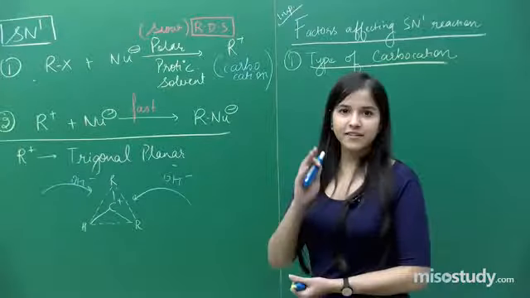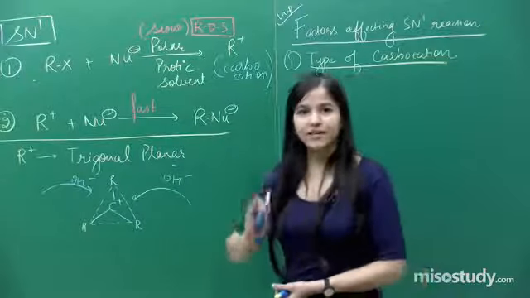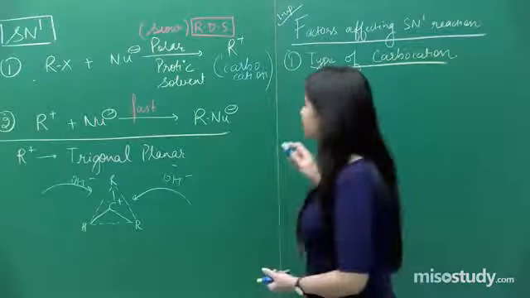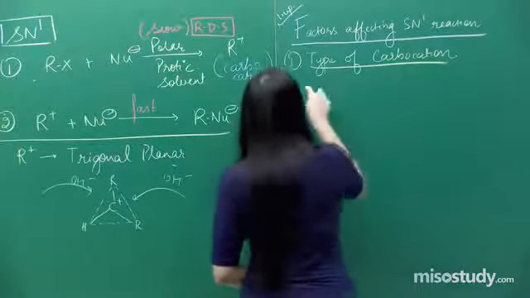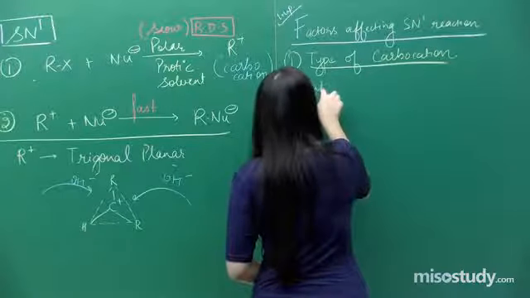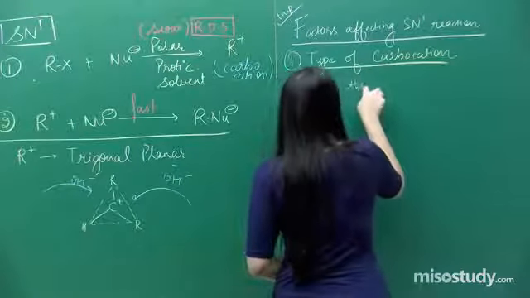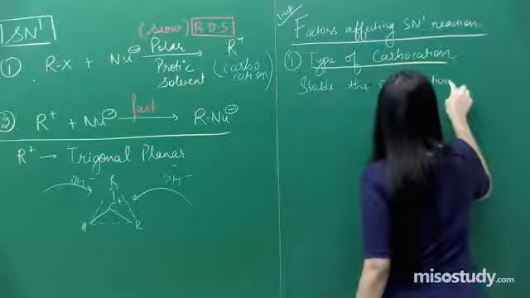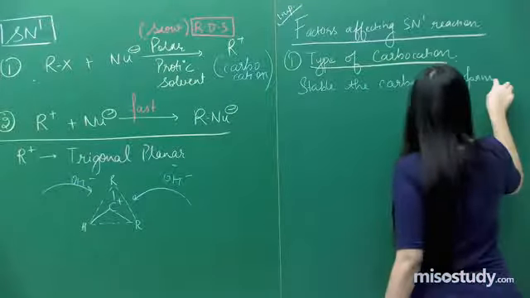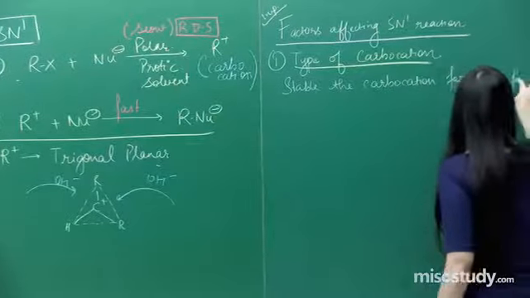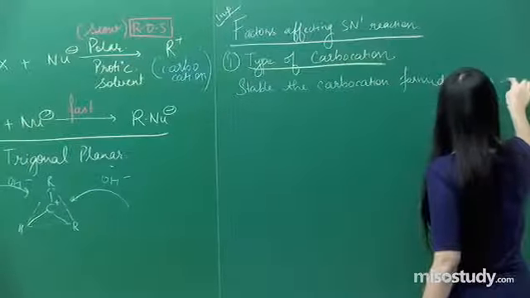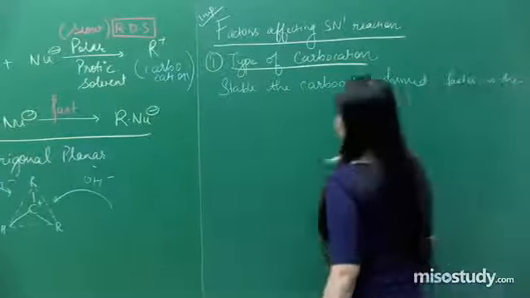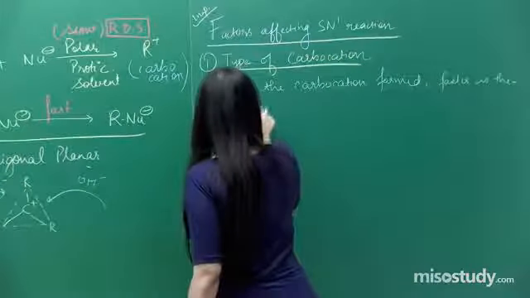It's none other than the tertiary carbocation, followed by secondary, primary and 0 degree. So the more stable the carbocation formed, the faster is the SN1 reaction.